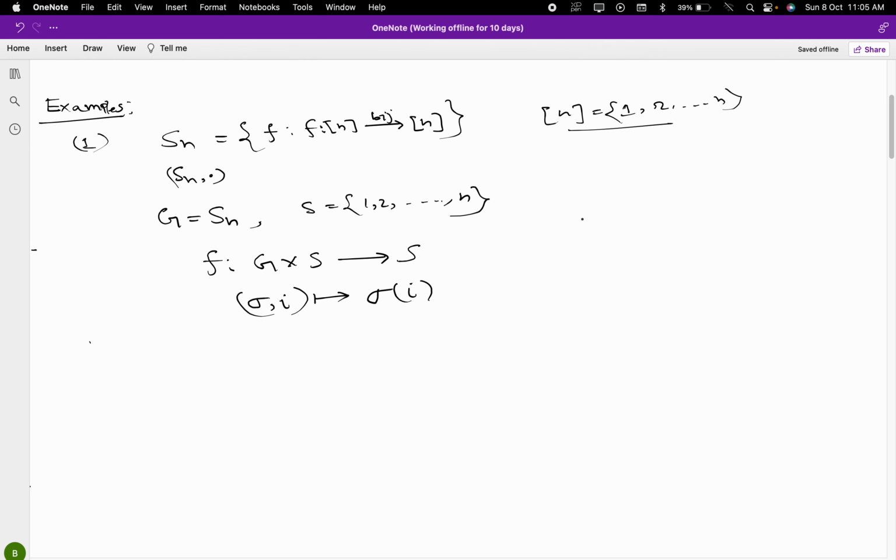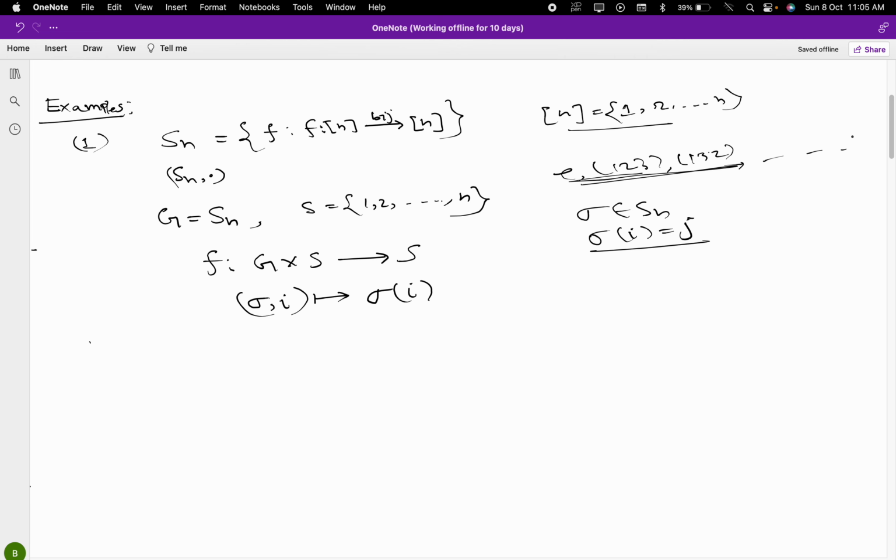Sigma is a permutation, an element of Sn, so sigma of any element should go to some j, because this is a bijection. The elements of Sn look like the identity, and 1 2 3, 1 3 2, this kind of thing.